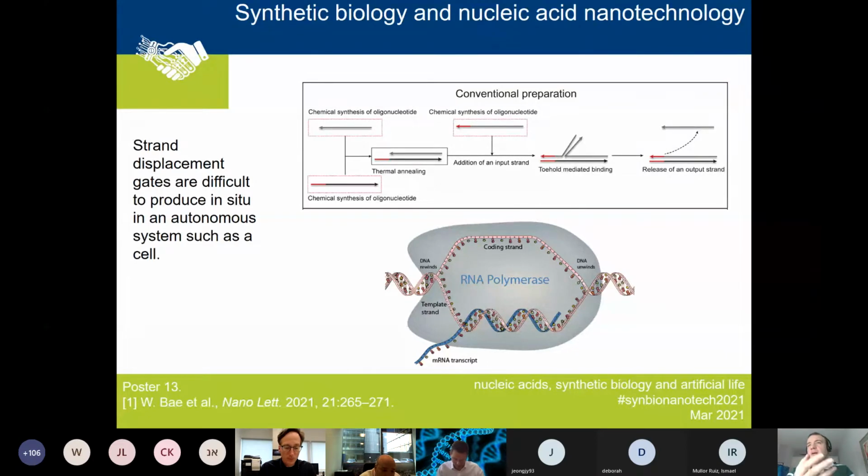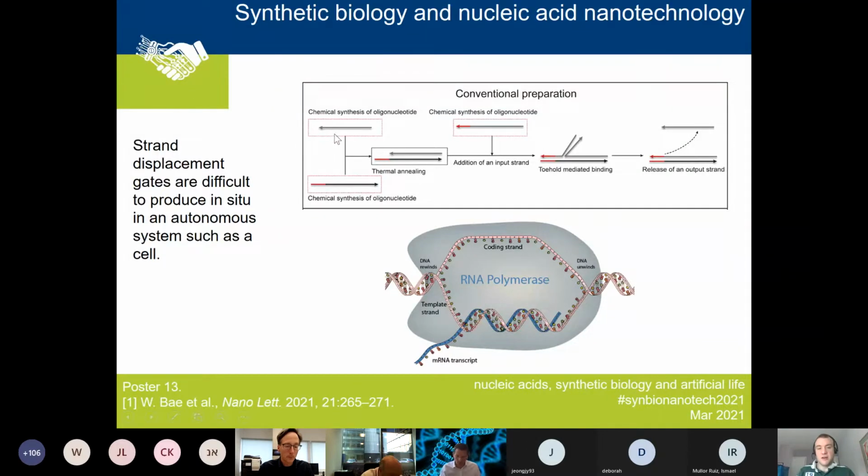way we build nucleic acid systems to take part in dynamic DNA nanotechnology is typically based on strand displacement technology, and that works as shown in the top of this figure here. Typically, the way strand displacement works is that we chemically synthesize a series of oligonucleotides.